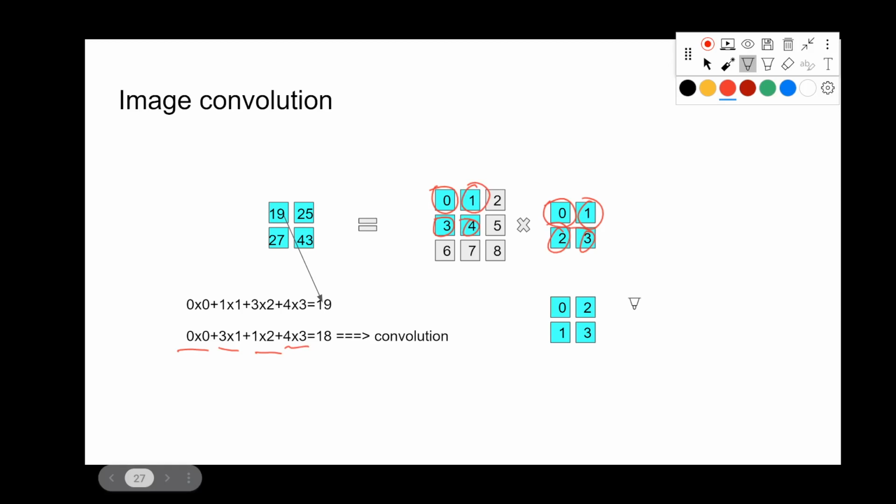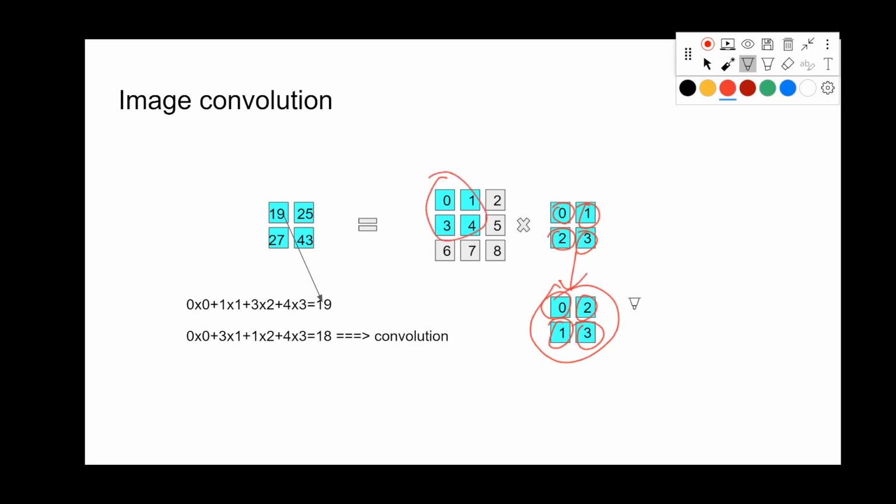So this is actually the convolution, and the value should be 18 instead of 19. But if we flip the filter from 0, 1, 2, 3 to 0, 2, 1, 3, we just swap the positions in advance, and then apply it, it is actually the correlation between those two, and it will be the same.